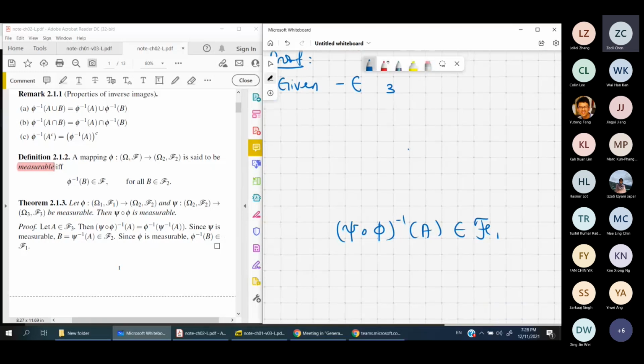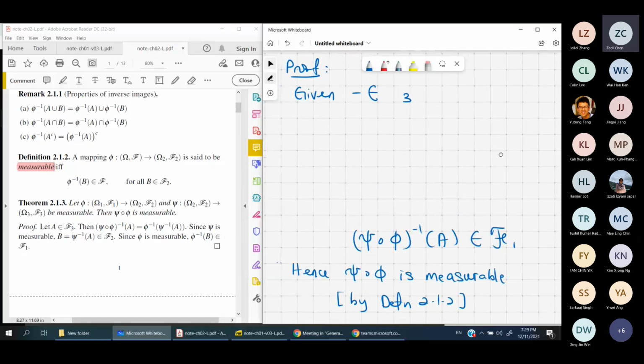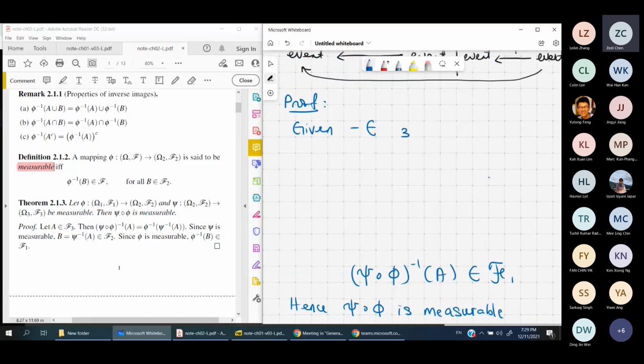Hence, this is by the definition of measurable function. Why missing here? Okay, so A. Correct?